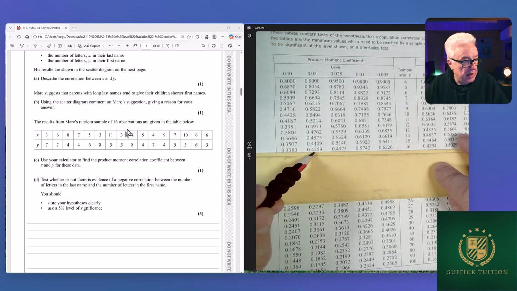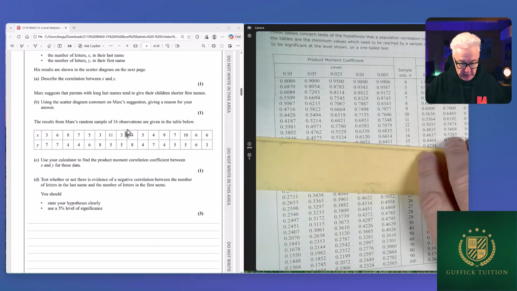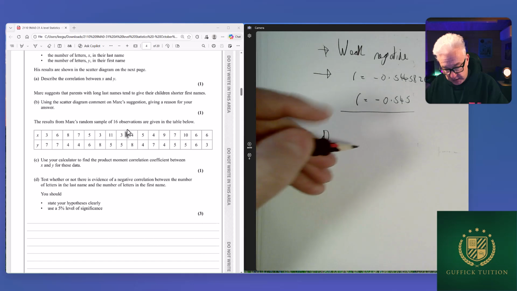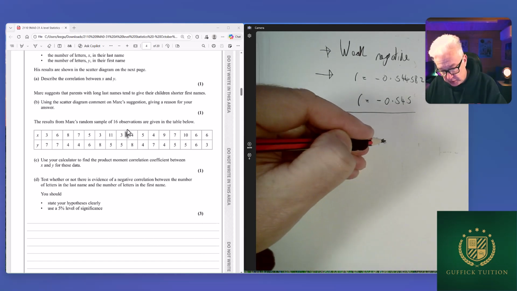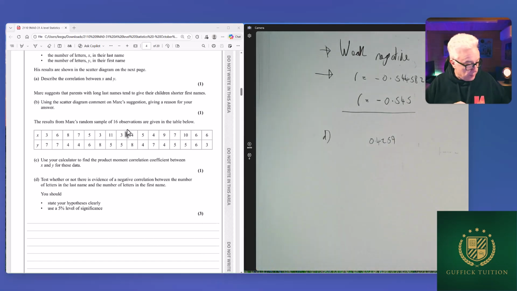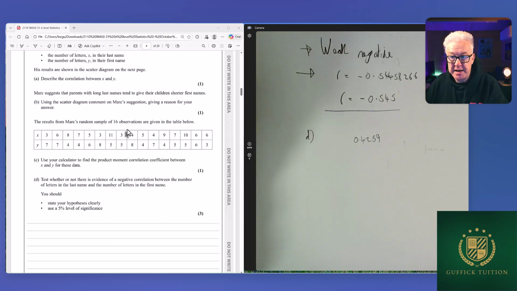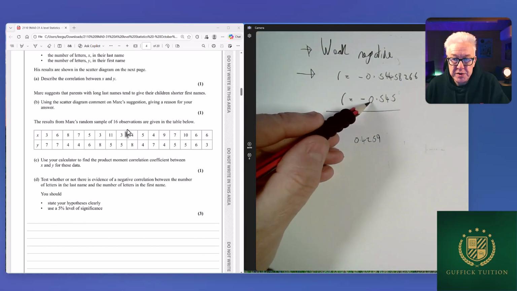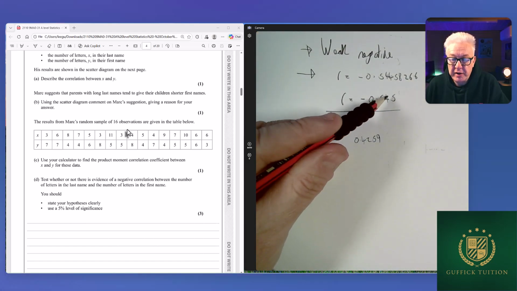So our value here is going to be this one, 0.4259. So let's make a note of that. So that is 0.4259. Now, the thing is, we're testing our r value, which was calculated to be minus 0.545.